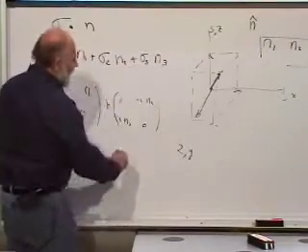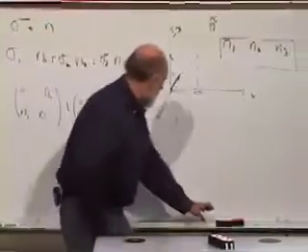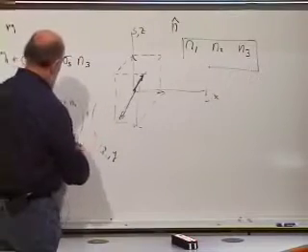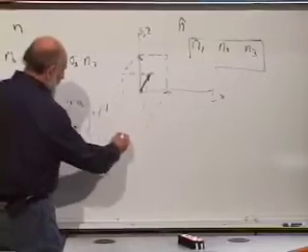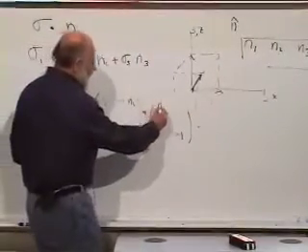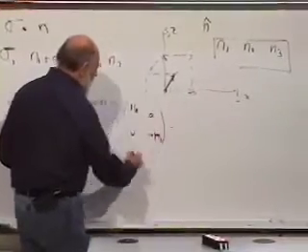Sigma 3 times n3: we take sigma 3, which is 1, 0, 0, minus 1, and we multiply it by n3. So that's just n3, 0, 0, minus n3.